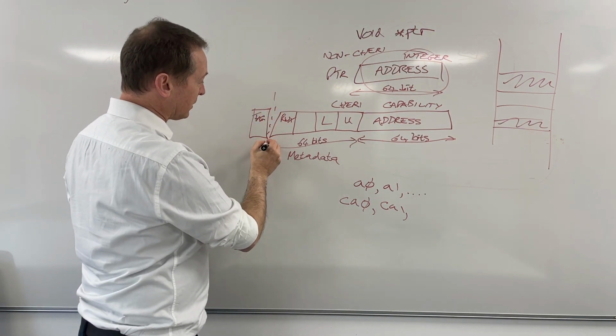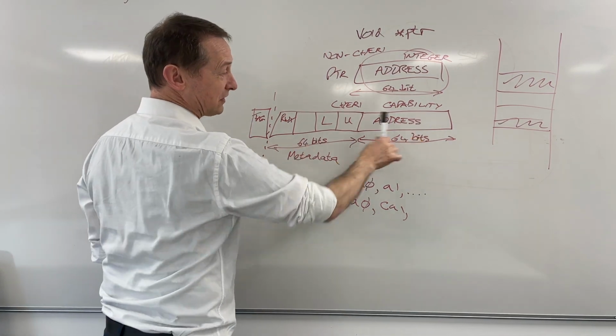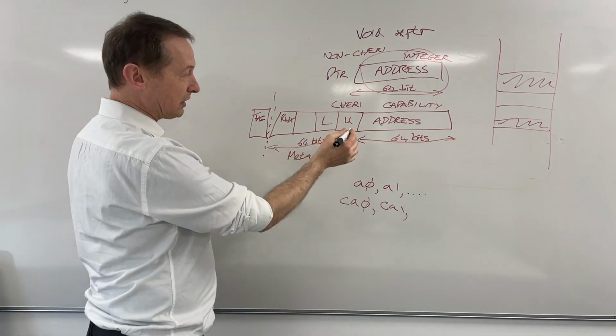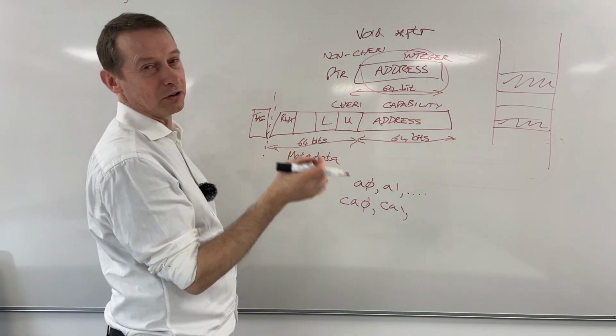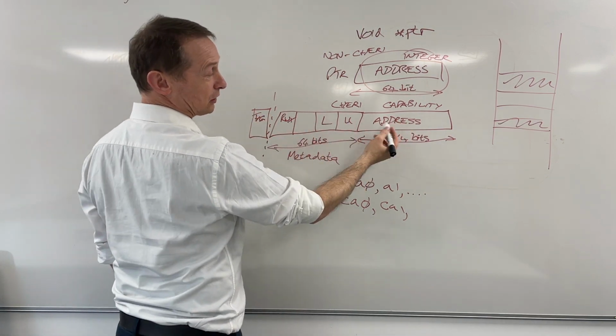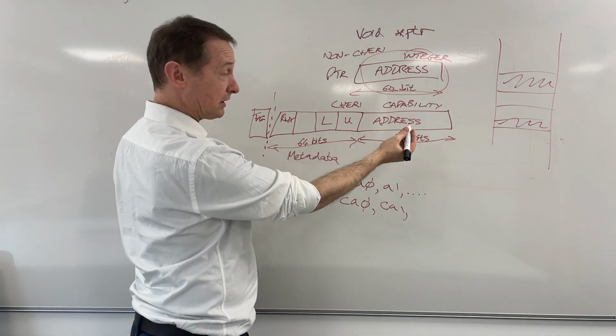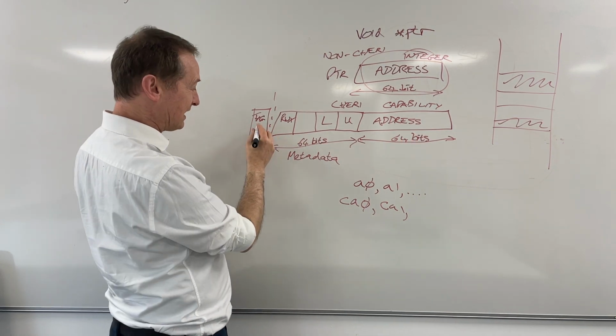Now, the tag bit's sort of special. We use it to maintain the integrity of this stuff, and it's not software visible, except you can read it, but you can't write it. If you perform an illegal operation on a capability, this will automatically be set to 0, which means invalid.